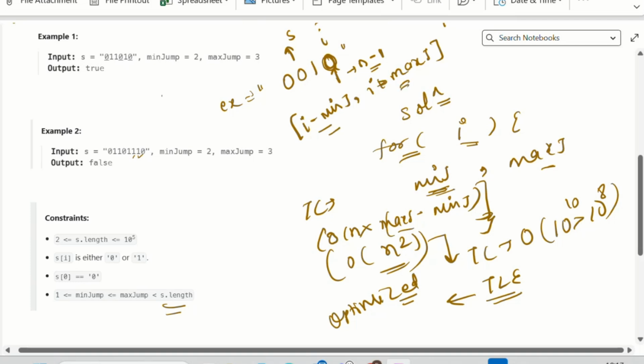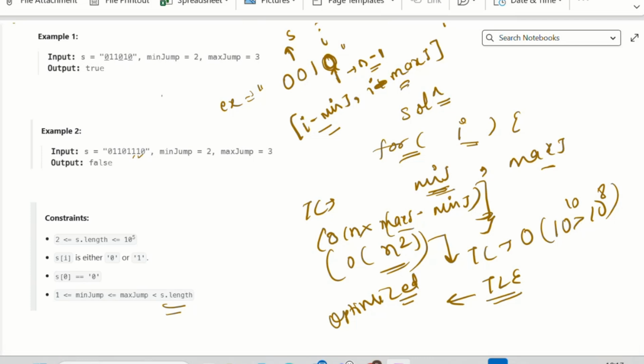If I look into this example and suppose my min jump is 1 and my max jump is 2, then to reach this index, I can jump either from this or from this index.